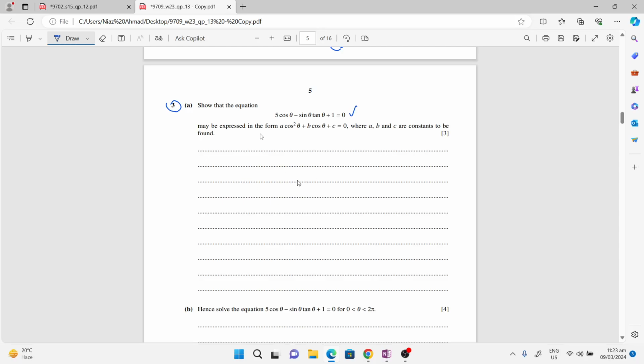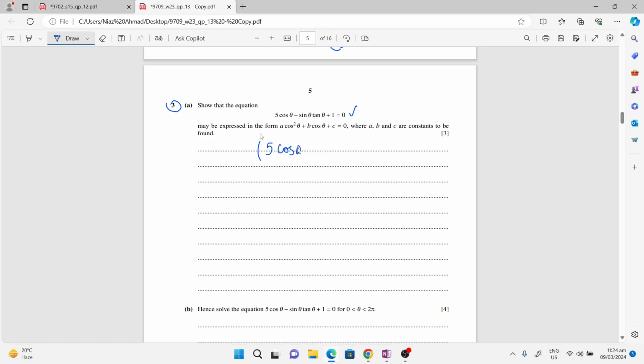So Abir, tell me, what are your initial steps to solve this and to express this equation in the form a cos square theta plus b cos theta plus c? Make tan as sine by cos. I believe you know the trigonometry.